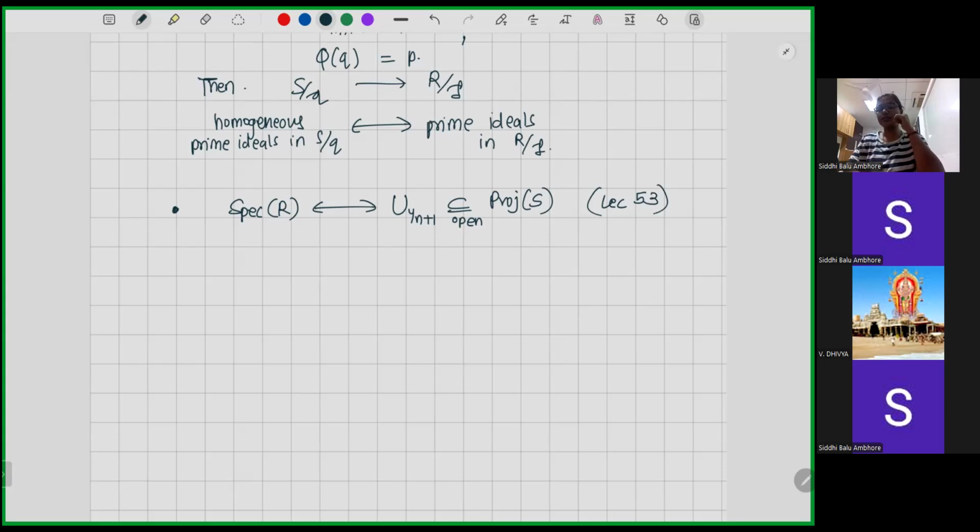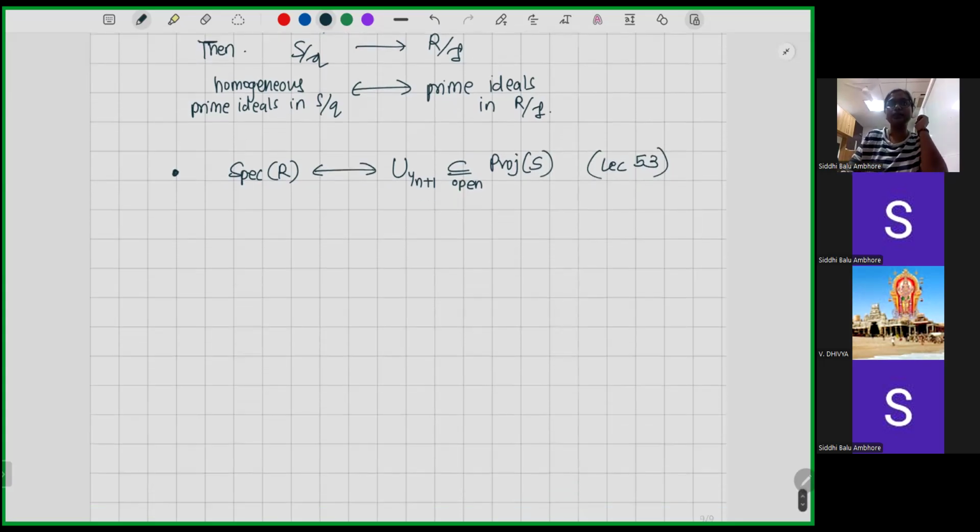You can see this is exactly what is written there, because this y_{n+1} becomes a unit under that map.